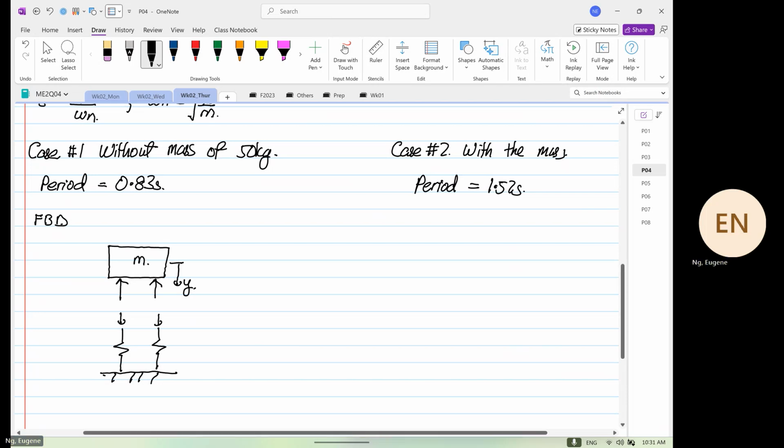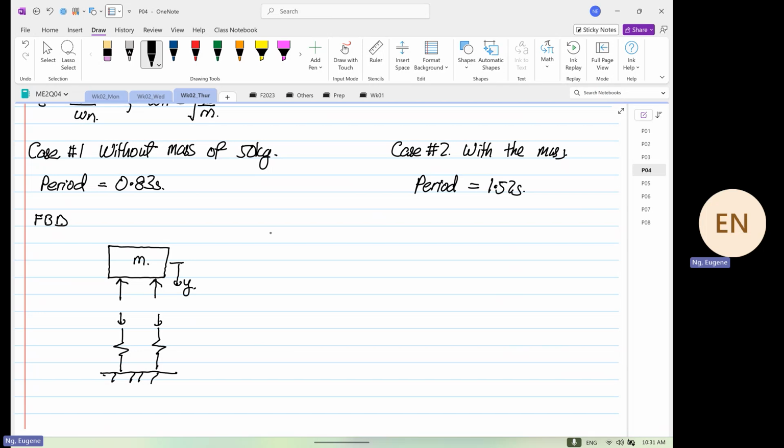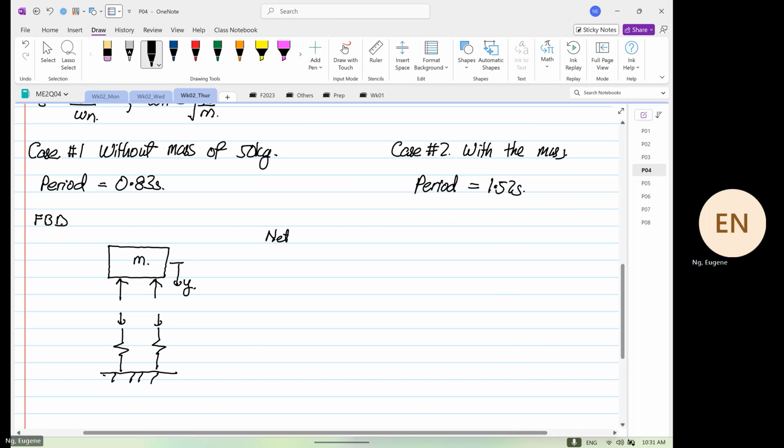Okay. So we formulate net force to accelerate mass. So this is my m y double dot, and then we also write down net force acting on spring.